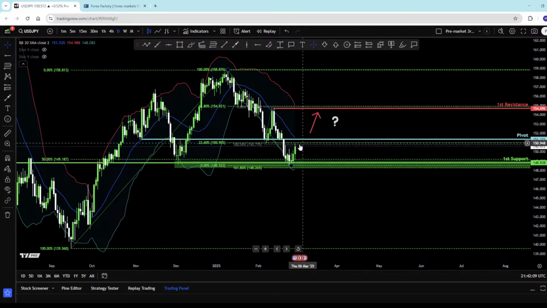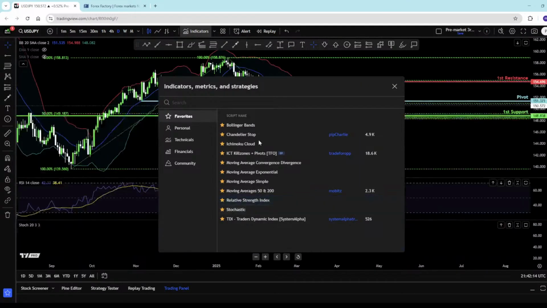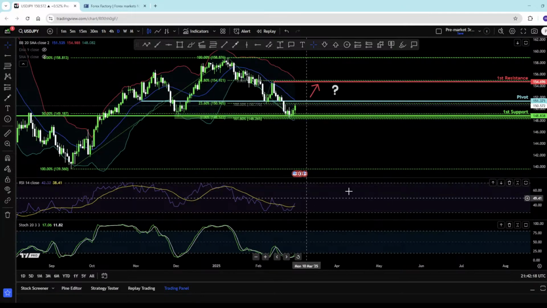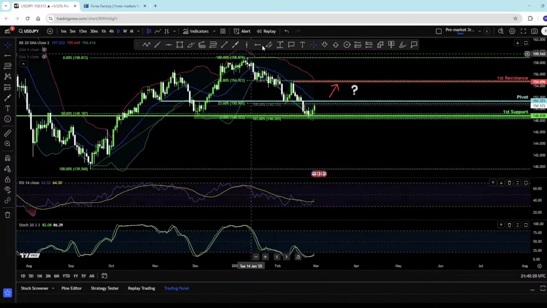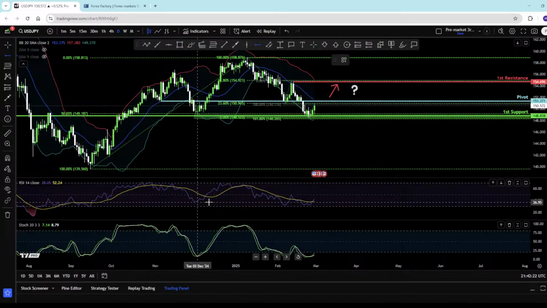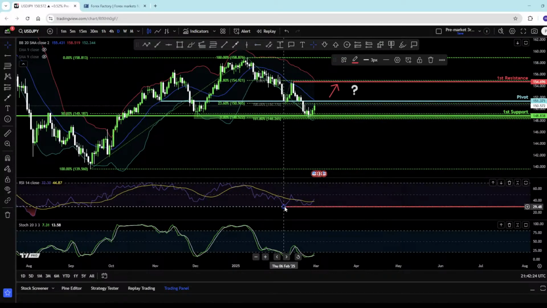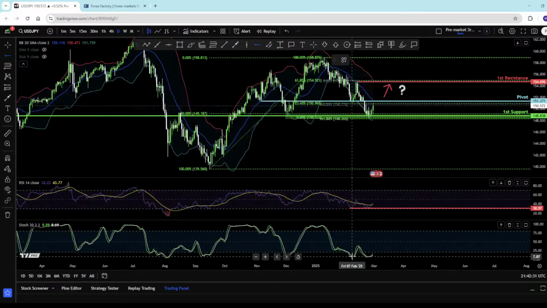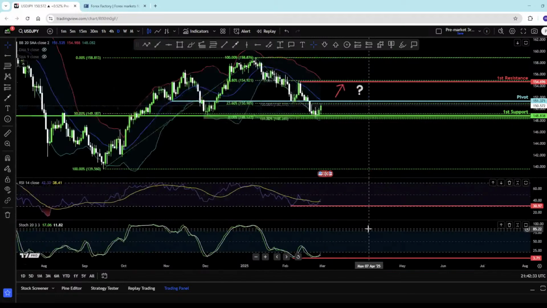So again, I will wait for price to break above the pivot before going in for a buy. On our RSI and stochastic, you can see that prices are kind of moving in that hidden support again.